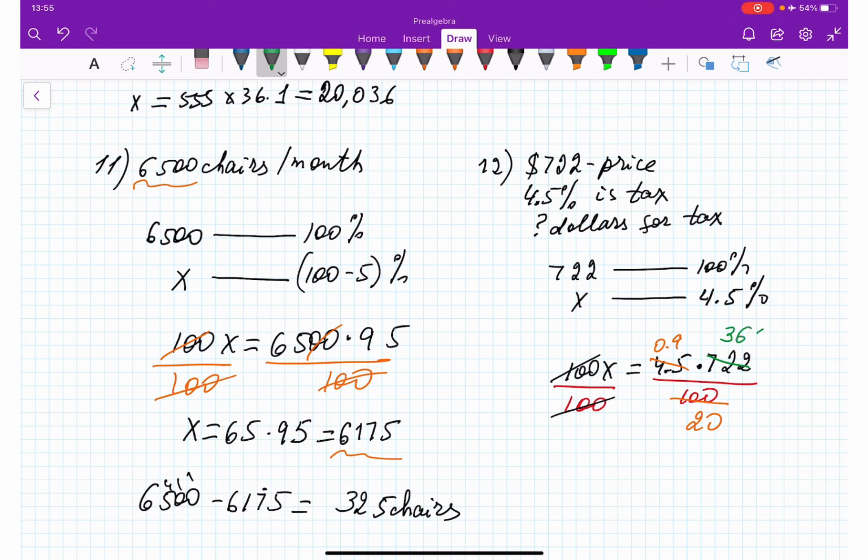And 2 divided by 2 is 1. And 20 divided by 2 is 10. So our X is equal to 0.9 times 361 divided by 10.